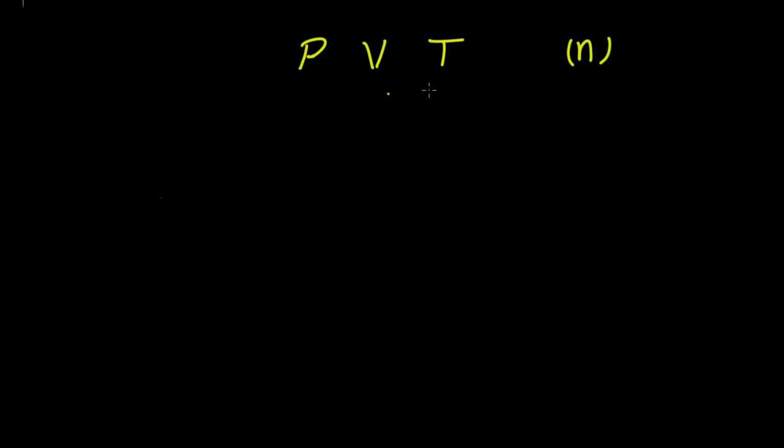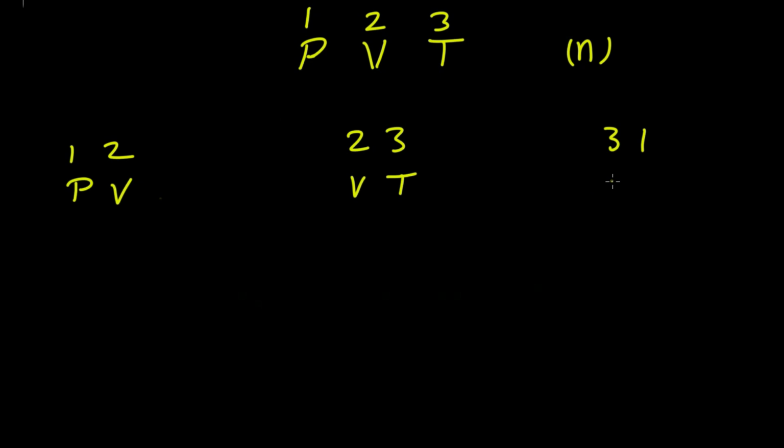Consider pressure, volume, and temperature and give them numbers 1, 2, 3. Now divide them into pairs: 1 2, 2 3, 3 1. First and second is pressure, volume; second and third is volume, temperature; and third and first is temperature, pressure.